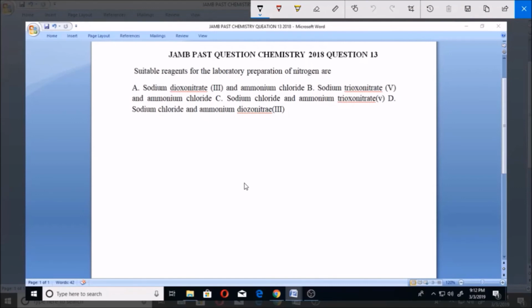Now if you check the chemistry textbook under nitrogen and its compounds, you will note that the laboratory preparation of nitrogen is actually from ammonium dioxonitrate 3.